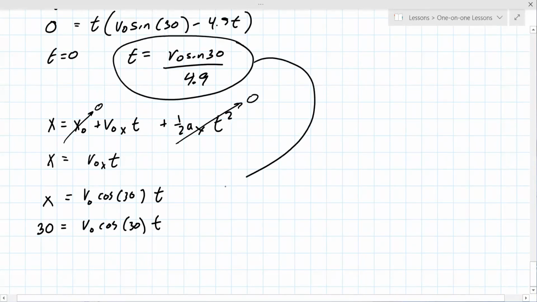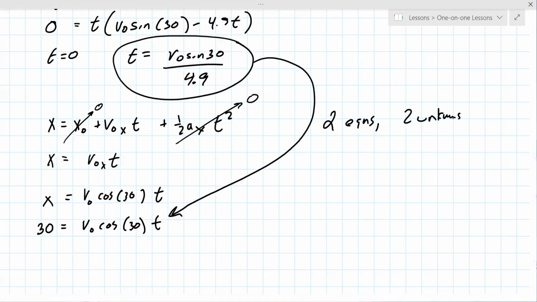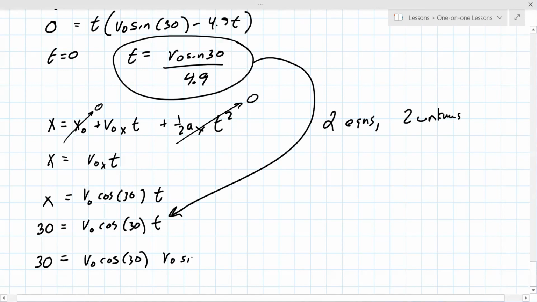We can bring that down there and put in for t. Two equations, two unknowns. So even though you can't find t, you still try to find t. Meaning you have an equation for it and you can use it. So we know that 30 equals v0 cosine 30, v0 sine 30 all over 4.9.